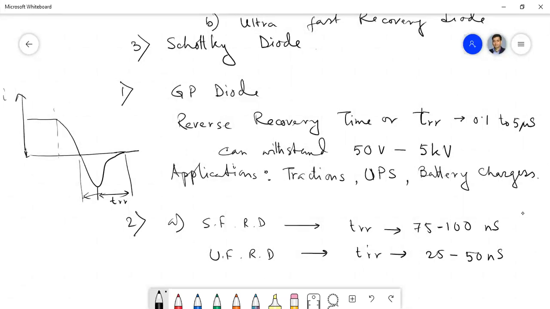Sir, which is better, TRR should be less or TRR high? TRR should be less.